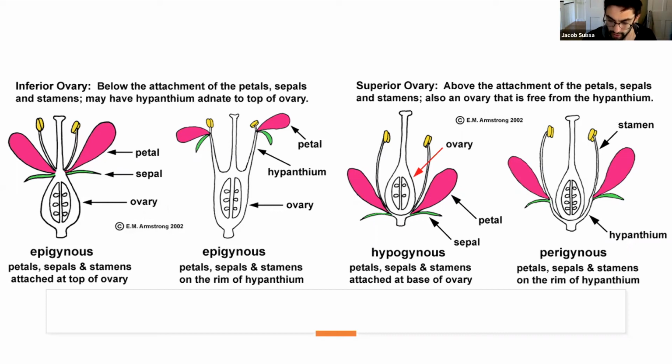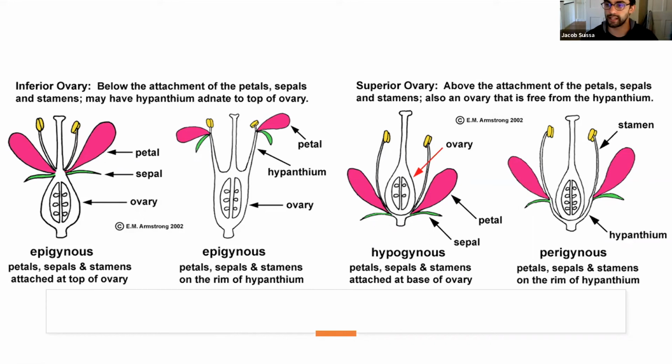So the hypanthium is a really cool structure, and we don't really know how it forms, but essentially it's a fusion, and it occurs in many different lineages. It's really prevalent in the Rosaceae, the rose family.